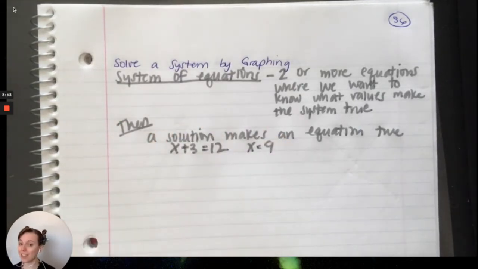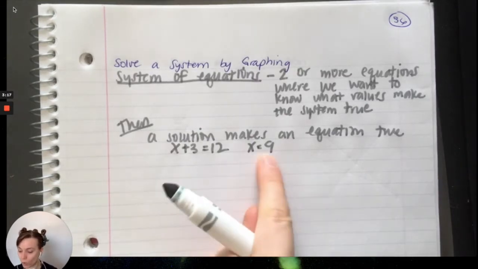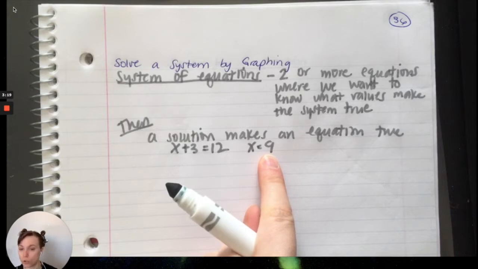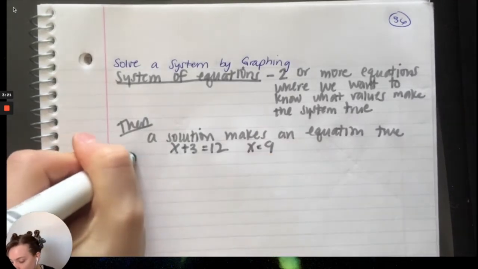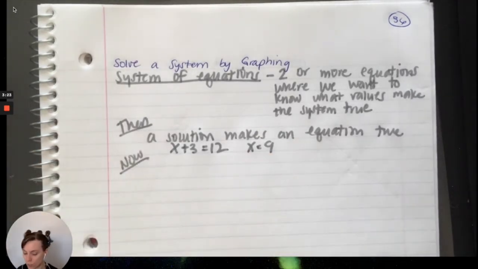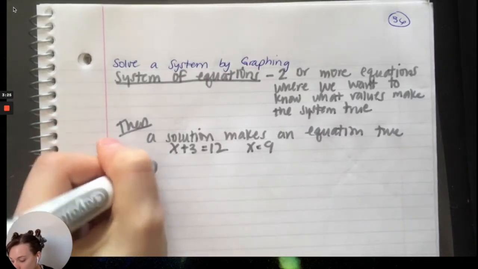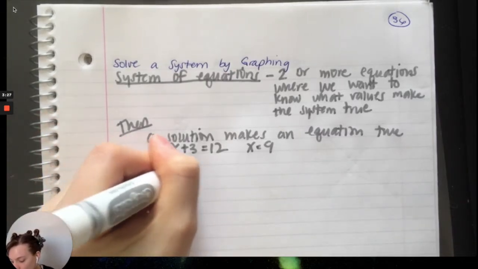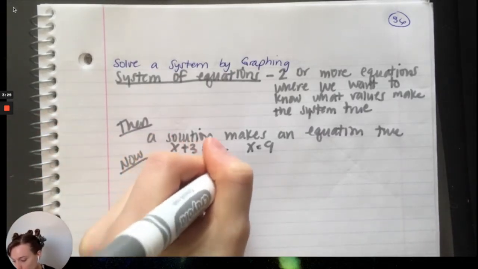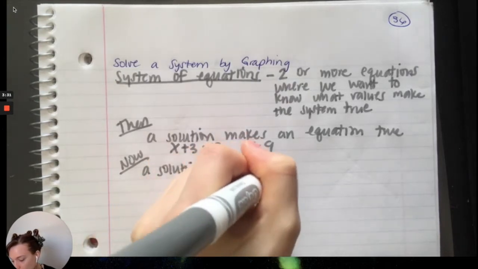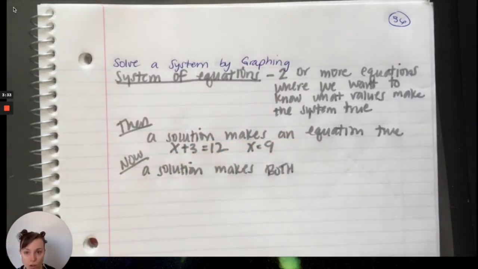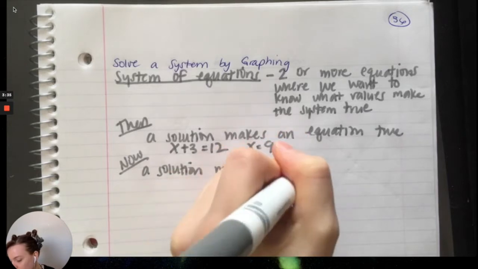The solution is not x equals 8. 8 plus 3 does not equal 12. Only x equals 9 makes it 12. But now, and since our graphing unit as well, a solution makes both or all of the equations of the system true.